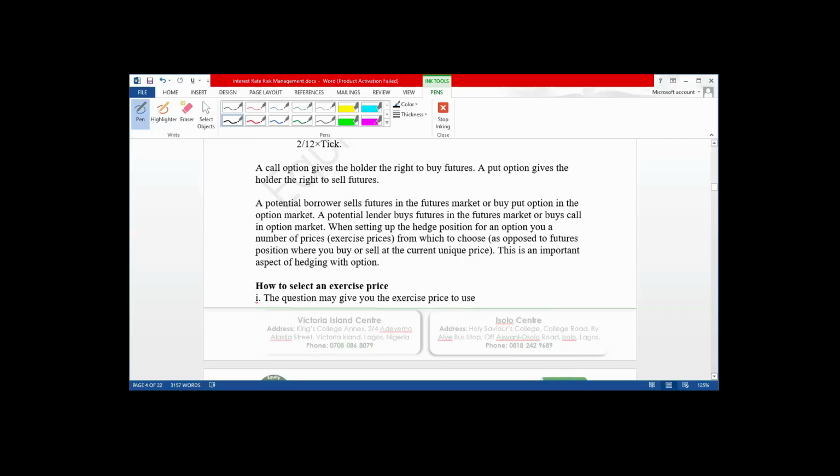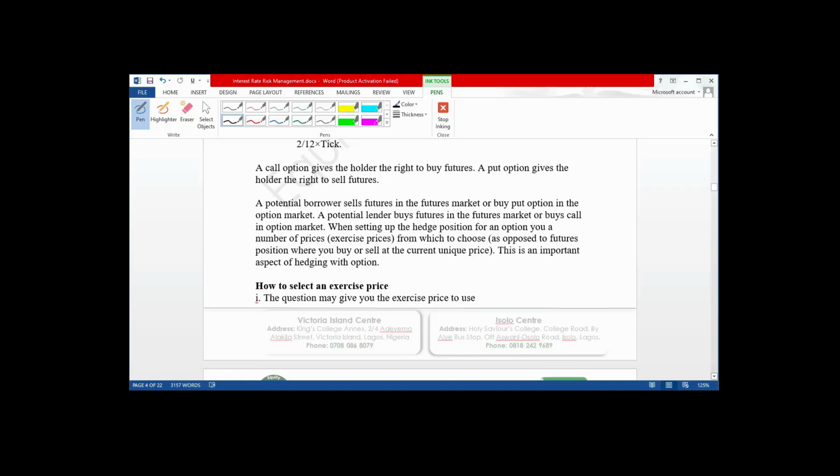A potential lender buys futures in the futures market or buys a call option in the option market. By buying a call option, the call option will give you a right to buy futures.